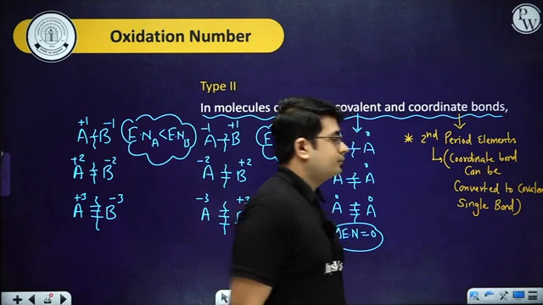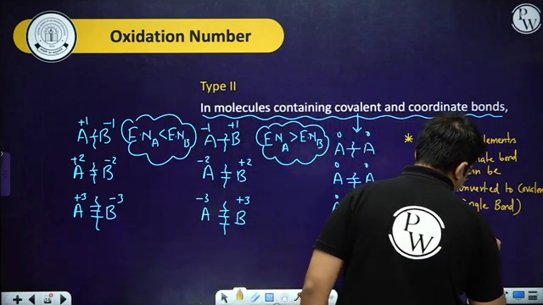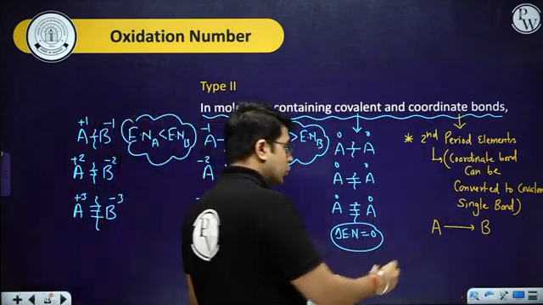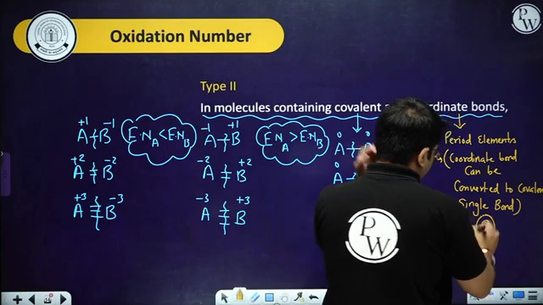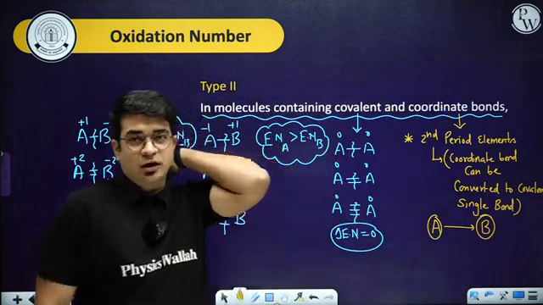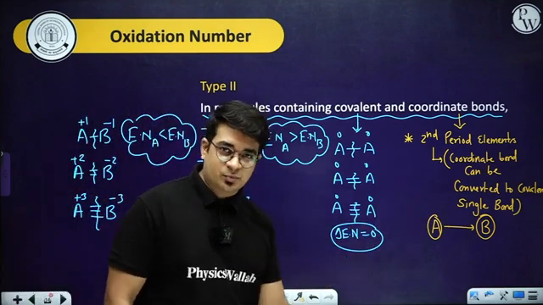So let's say I have the coordinate bond where A is giving to B, and both are second period elements. A is forming a coordinate bond with B, meaning A is the donor species, B is the acceptor species.